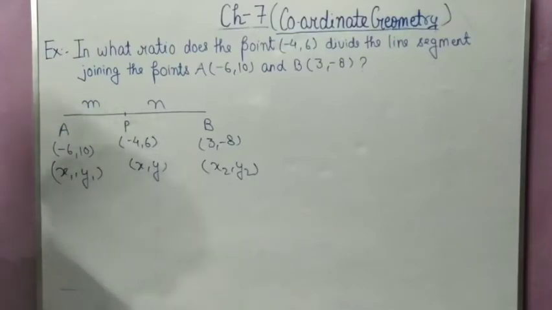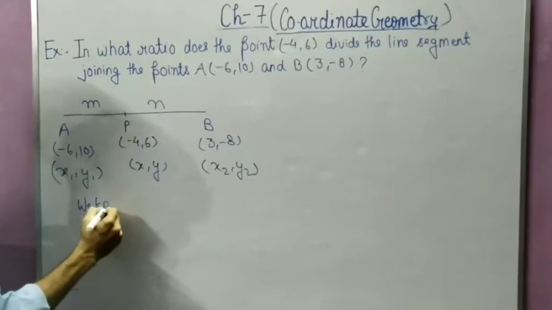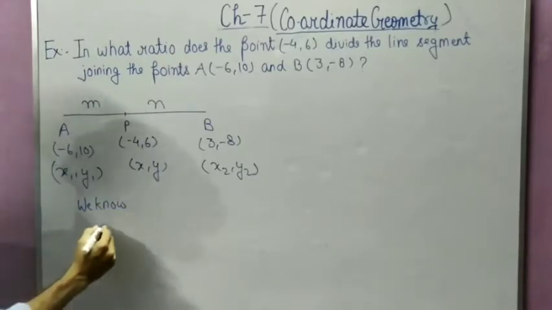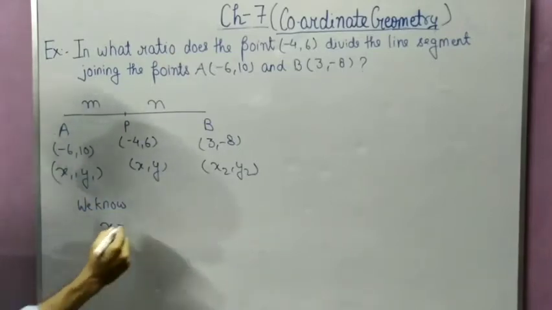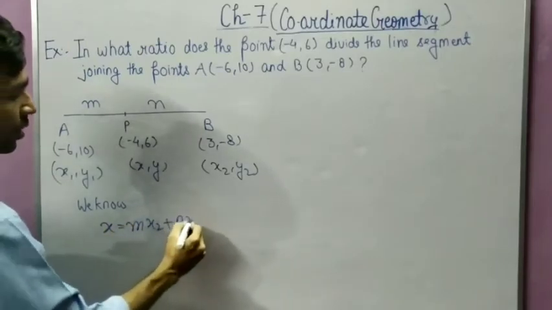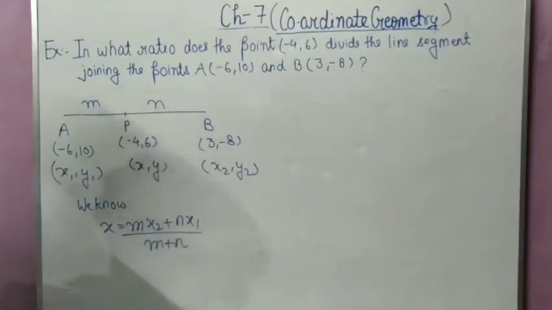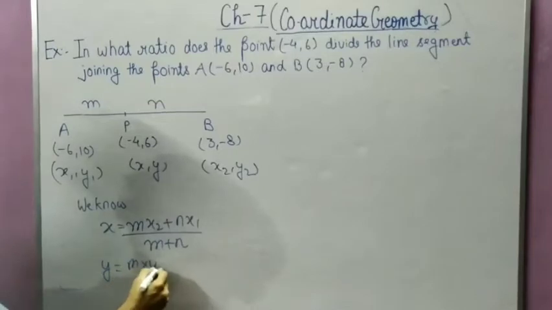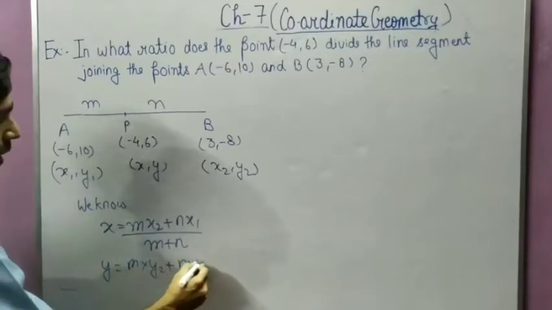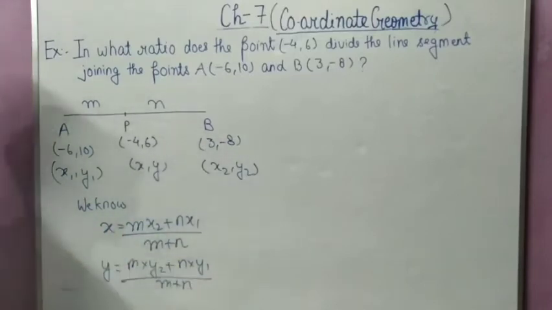So we know, x equals what, student? x equals (m x2 plus n x1) upon (m plus n), and y equals (m y2 plus n y1) upon (m plus n).